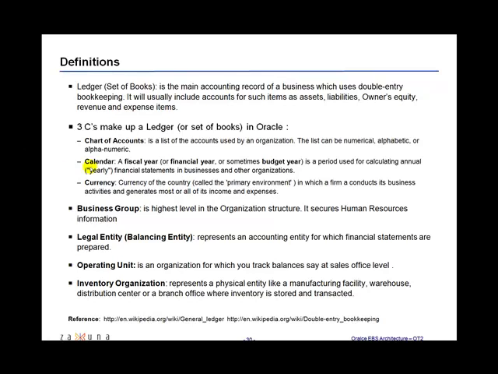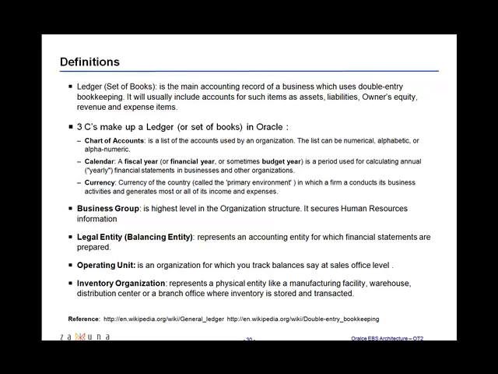Calendar is the physical calendar which represents the tax year for that organization. For an individual, the calendar is the calendar year, which starts on January 1st and ends on December 31st. Depending on the organization structure, their fiscal year may be the same as the calendar year, but for most organizations the fiscal year does not match the calendar year.